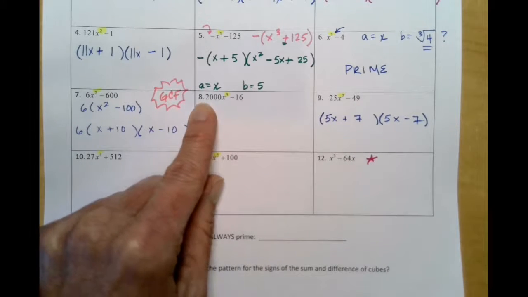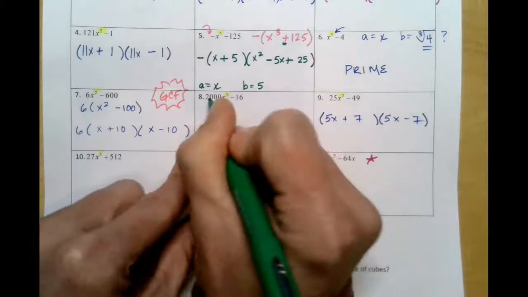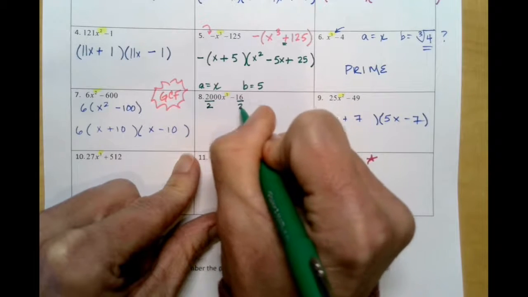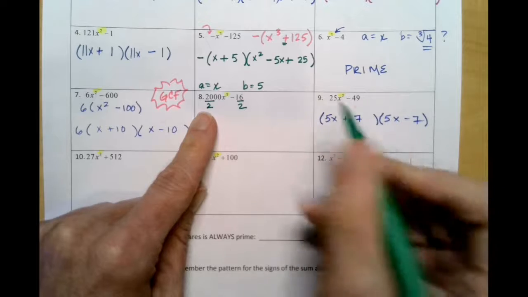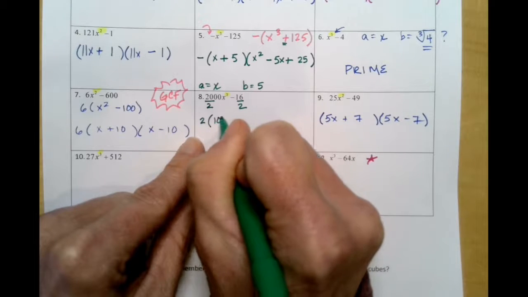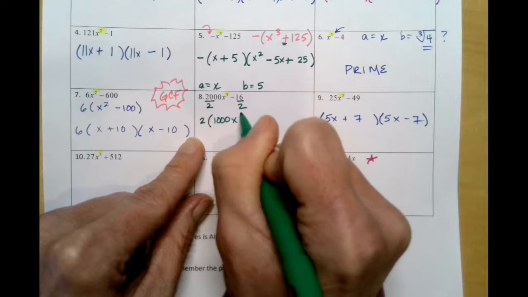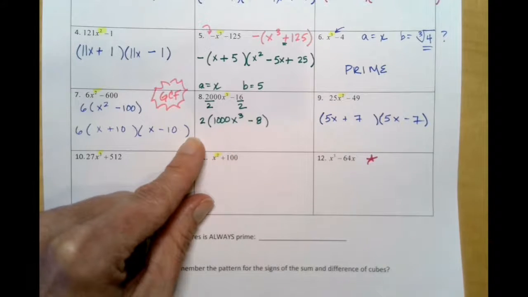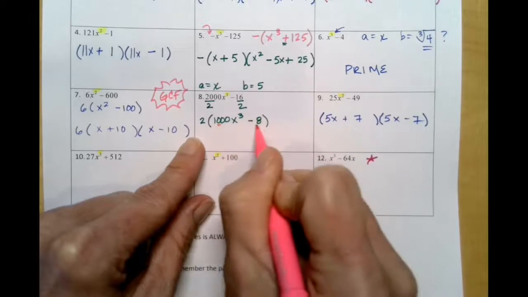Same thing's going to happen here, but I'm going to be careful about what I divide out, and I want you to think about why it is I'm only dividing by 2. If I factor a 2 out, that's going to leave me with 1,000x cubed minus 8. Here's what I love about 1,000 and 8.